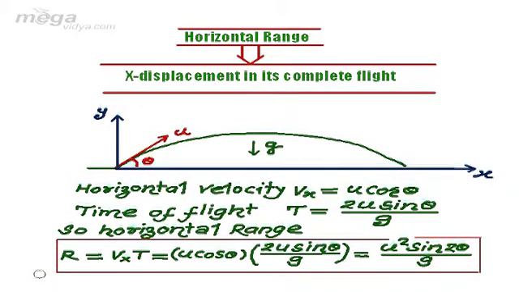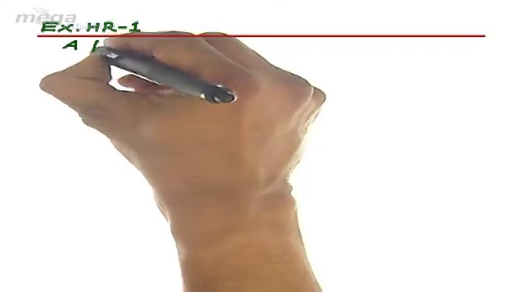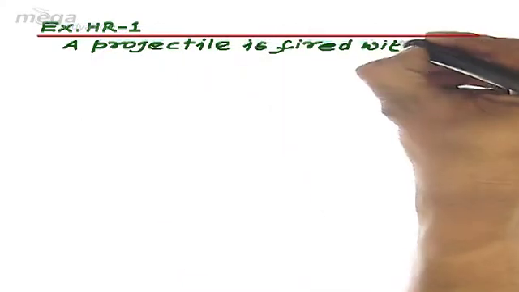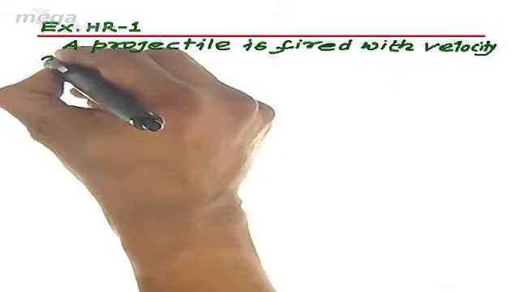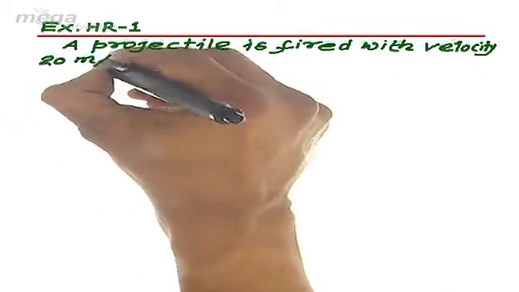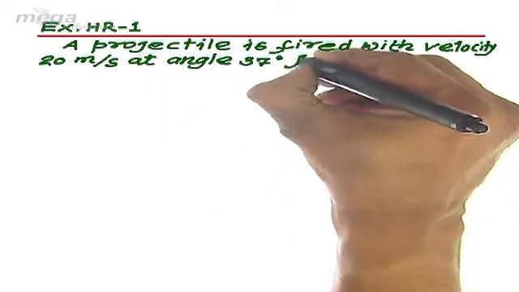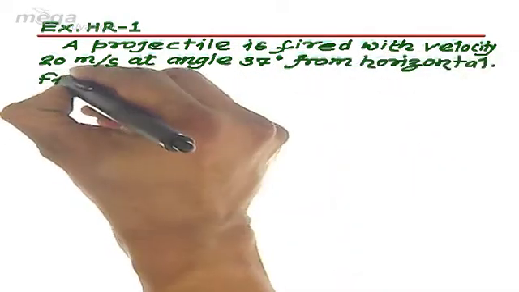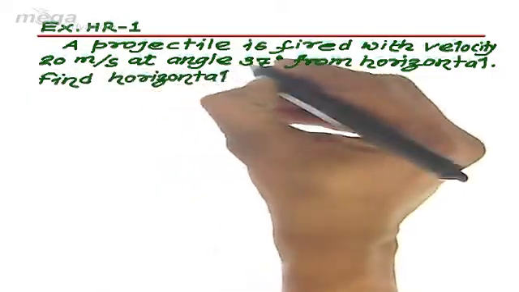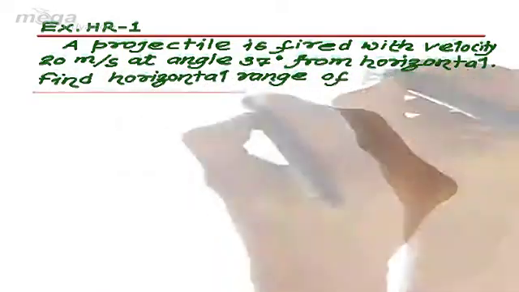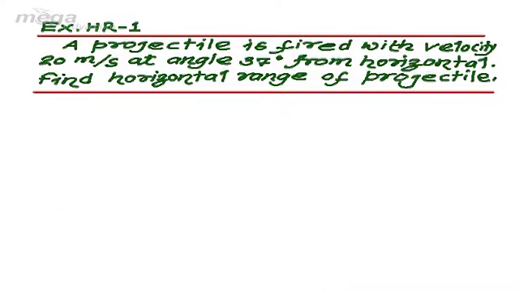If we talk about a practical example, a projectile is fired with velocity 20 meter per second at an angle 37 degrees from horizontal. Find the horizontal range of the projectile. Here we have a very simple case in which a projectile is fired from the ground itself.